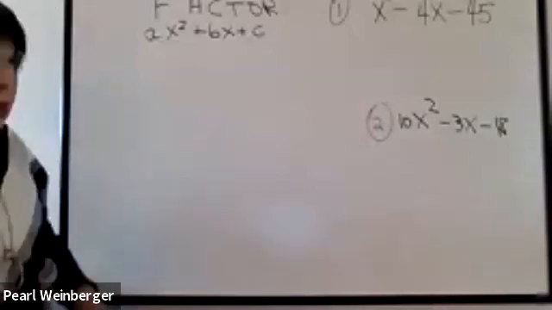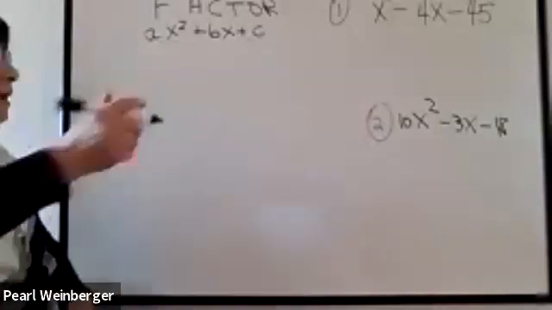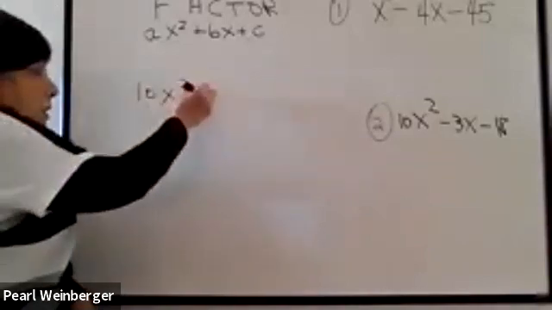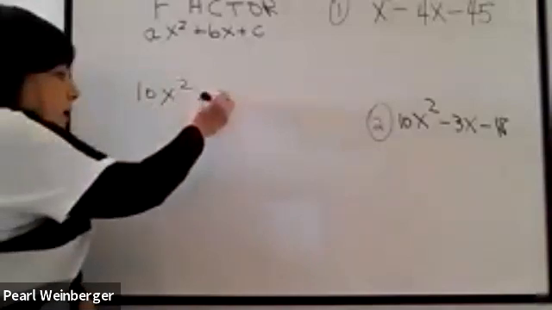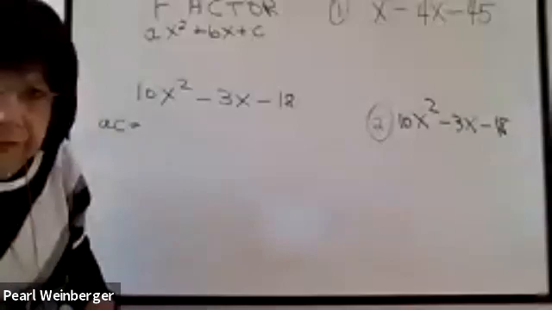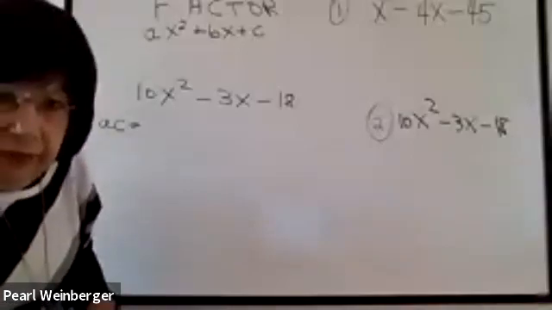The second example was 10x squared minus 3x minus 18. And again, I had to do this AC. What did you get when you got AC? It was 10 times negative 18, which gave me negative 180.